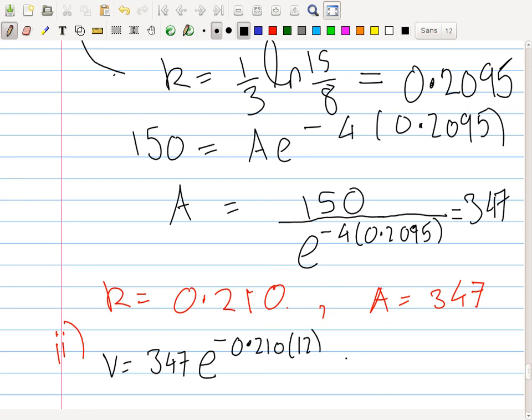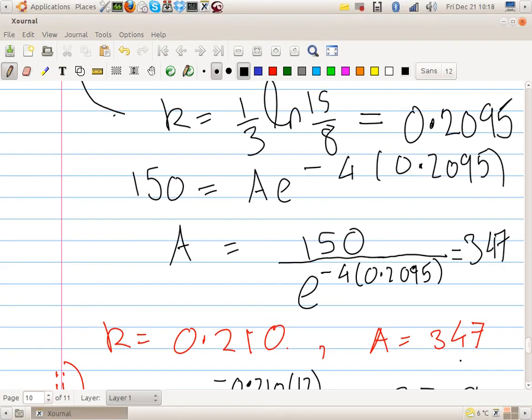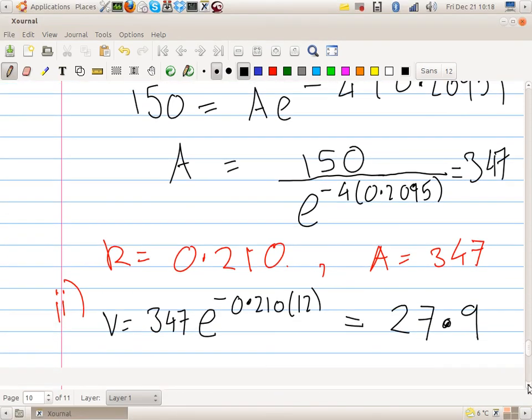And all you do is put that in on the calculator, and then that's the answer. 347 times e to the power of minus 0.210 times 12. And again, 3 significant figures, that would be 27.9. Any questions on this?